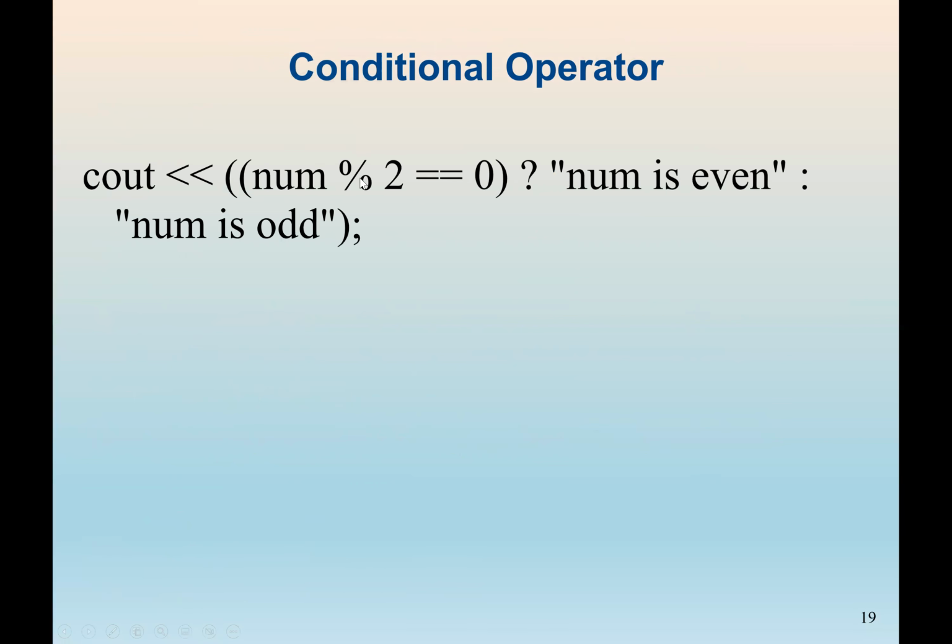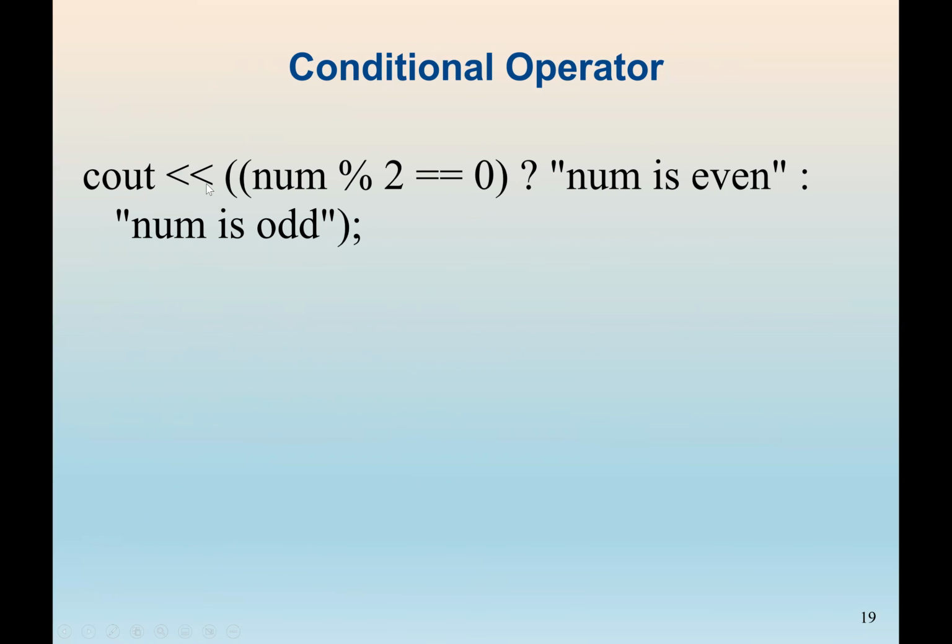Now, this is very good when, for example, I don't want to write an if-else statement here that if num mod 2 equals 0, the number is even number. And to write if-else inside the cout statement, it's not going to be nice to read. But using conditional operators, we can see how easy.